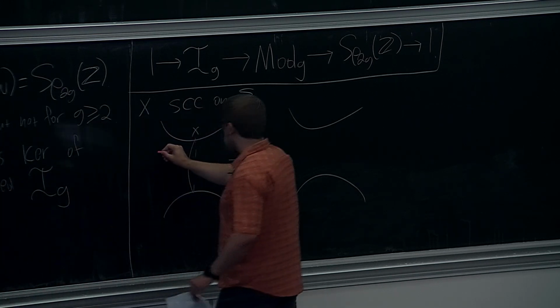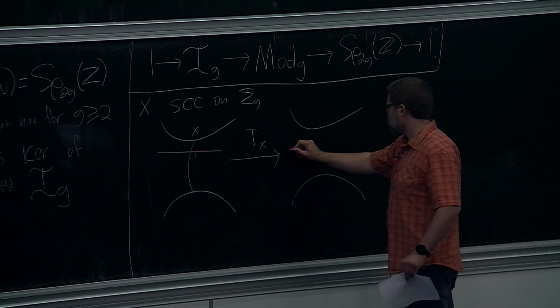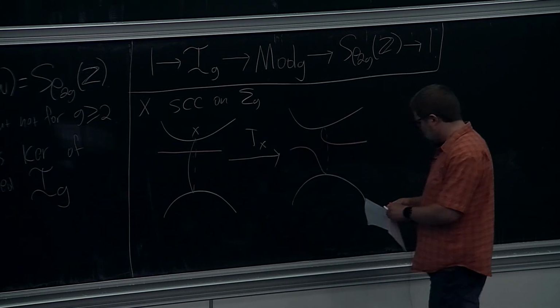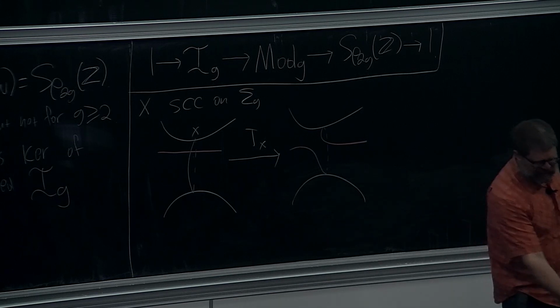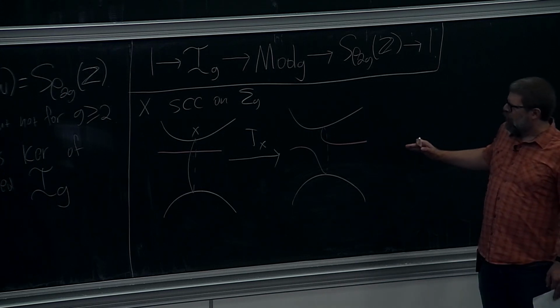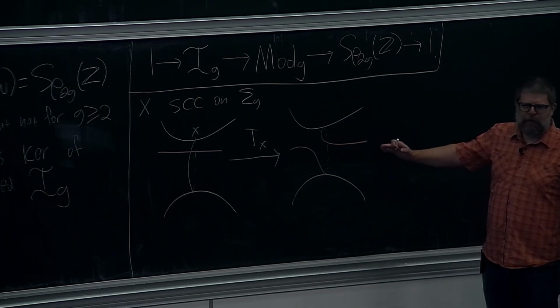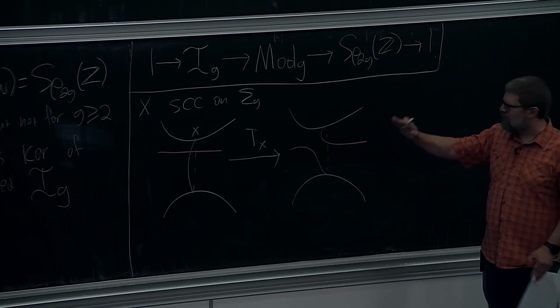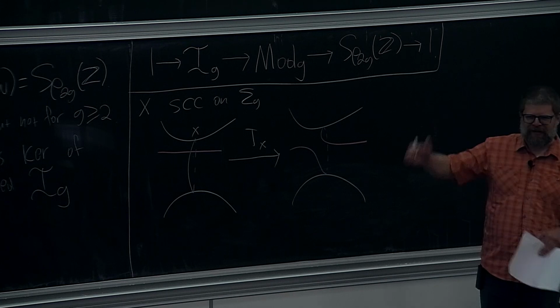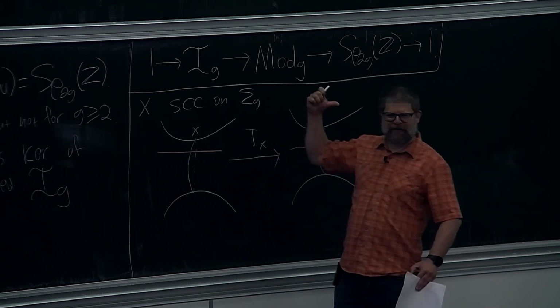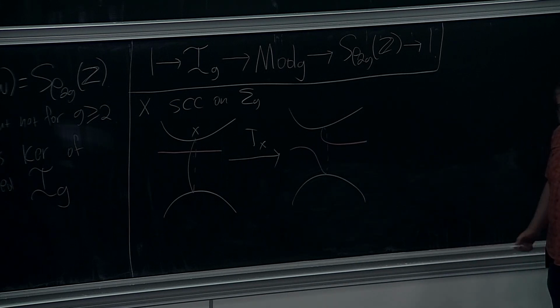You have this transversal curve right there, and it goes to something like this. How does this Dehn twist act on homology? I already said in words, it acts by a transvection. What's happening is that if you have any cycle, every time you hit x, you pick up a copy of x. The Dehn twist is adding a bunch of copies of x to every cycle on the surface. If you cross it in one direction you get a positive, and if you cross the other direction you get a negative.